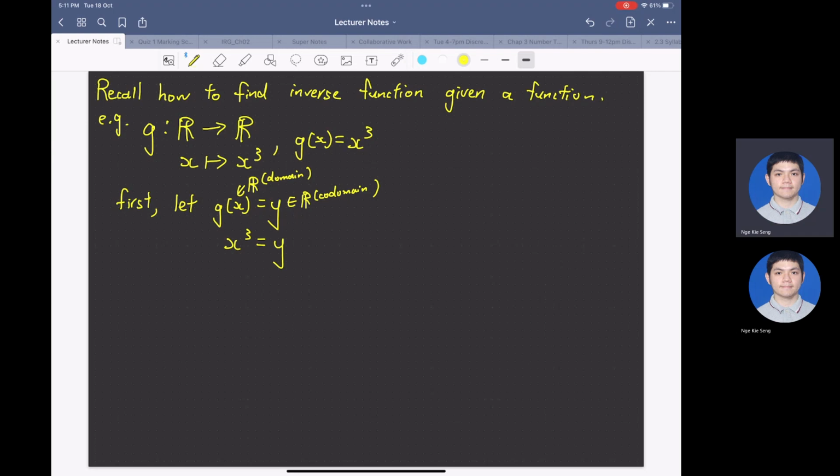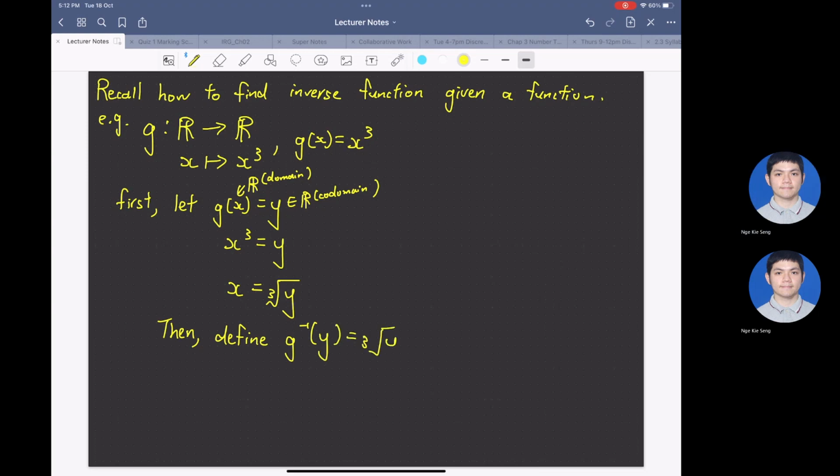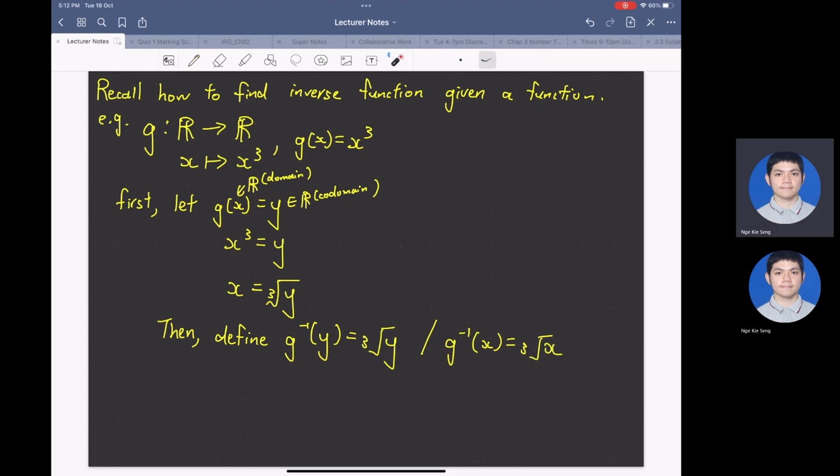So x will be equal to the cube root of y. Then we will define g inverse of y to be the cube root of y. Why do we set the cube root of y here?